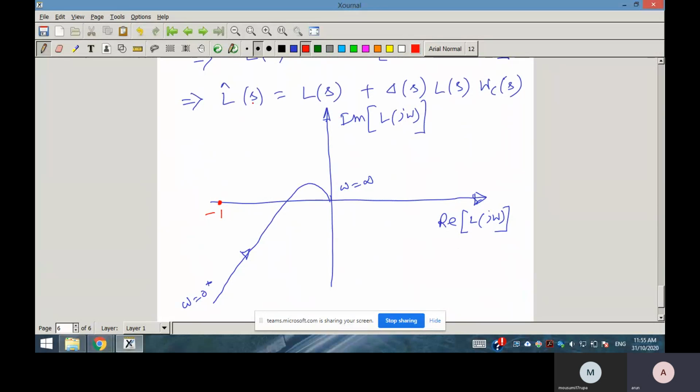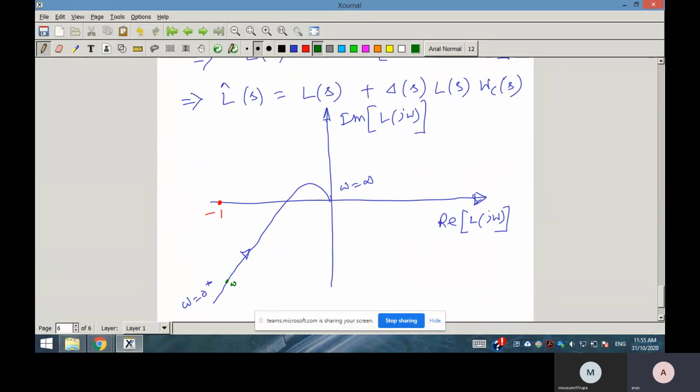Now what will be the L hat j omega plot? L hat j omega is L j omega plus this perturbation. So you can say at a frequency, say omega 1, L hat j omega will lie in the neighborhood of this point.